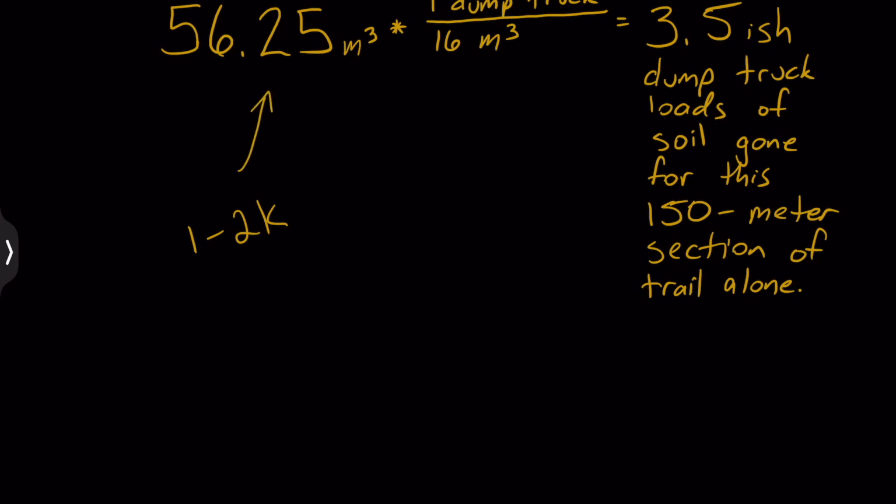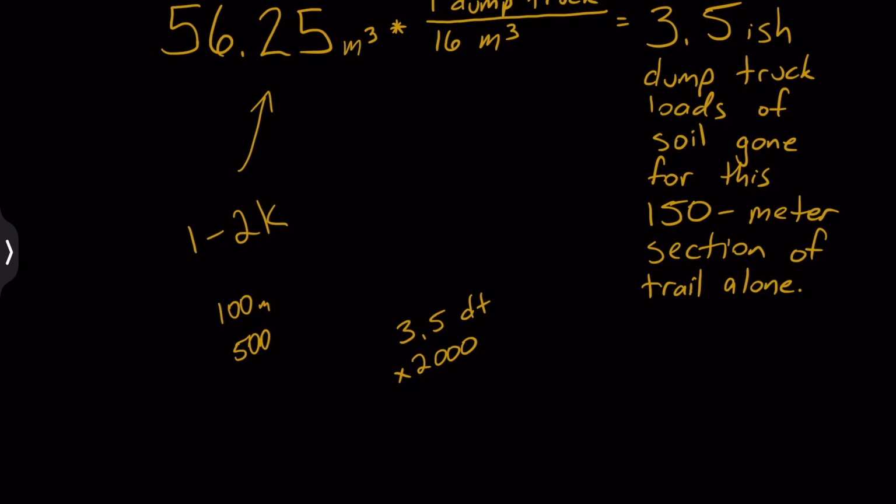And the sampling interval might not be 100 to 200 meters, but 500 meters, about 1/3 of a mile in between points. Okay? So, 3.5 dump truck loads times, let's say, 2,000 points.